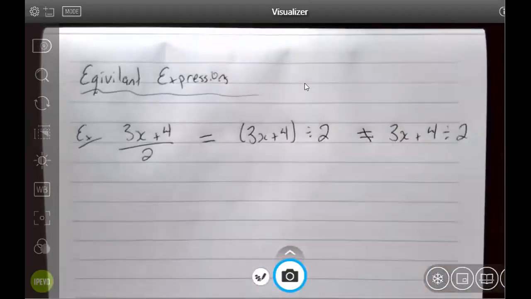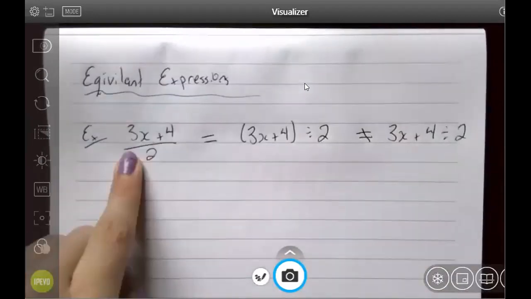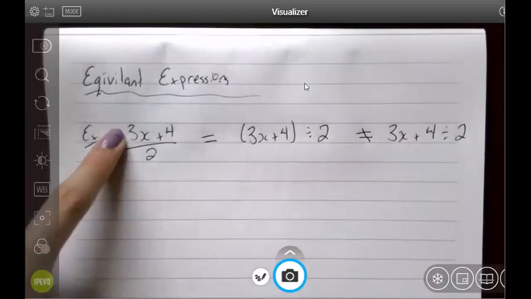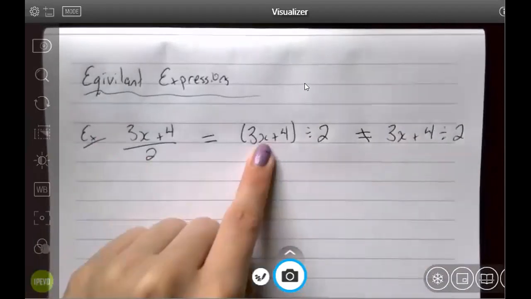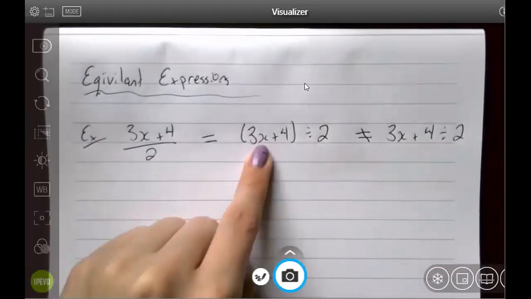And the reason for that is that if we were to solve this first expression, we would solve the top first, the 3x plus 4, and then we would divide by 2. Same with this expression. We would do the 3x plus 4 first, since it's in brackets, and then divide by 2.